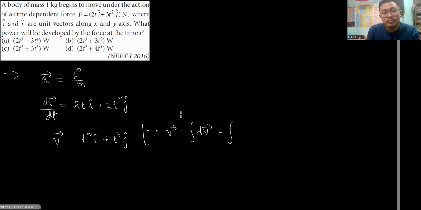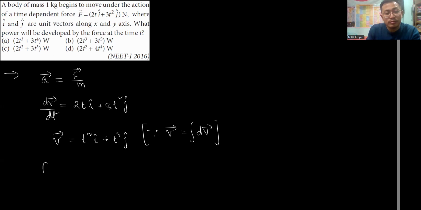So velocity vector is the integration of a dt, which gives t square i cap plus t cube j cap.